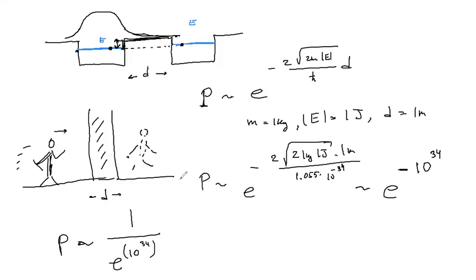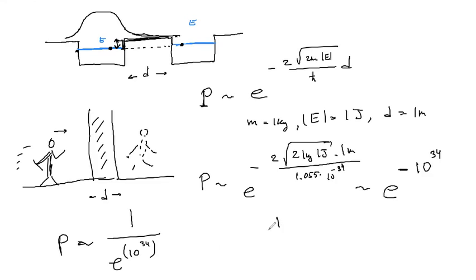I don't know if I can understand how small this number is. It's not 1 over 10 to the power 34. It's 1 over exponent 10 to the power 34. I don't know how to explain this. This is what we call zero in physics, yeah?